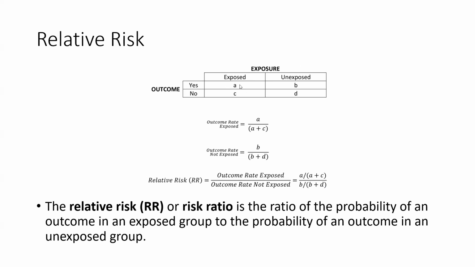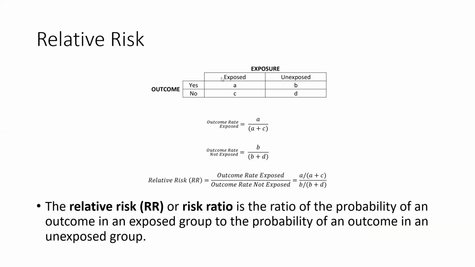And what you need to do then, if you want to derive these values, whether it be the overall rate exposed, outcome rate not exposed, or relative risk, is structure these equations with the values contained therein, and then that will provide you with the definitions on the left.